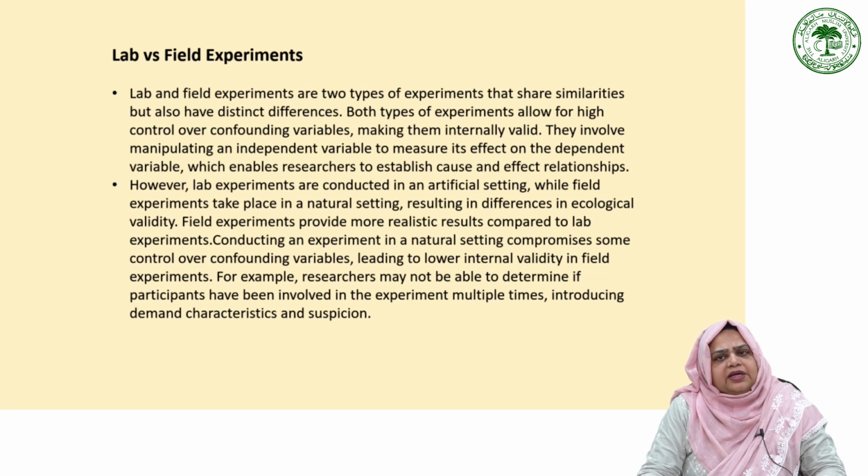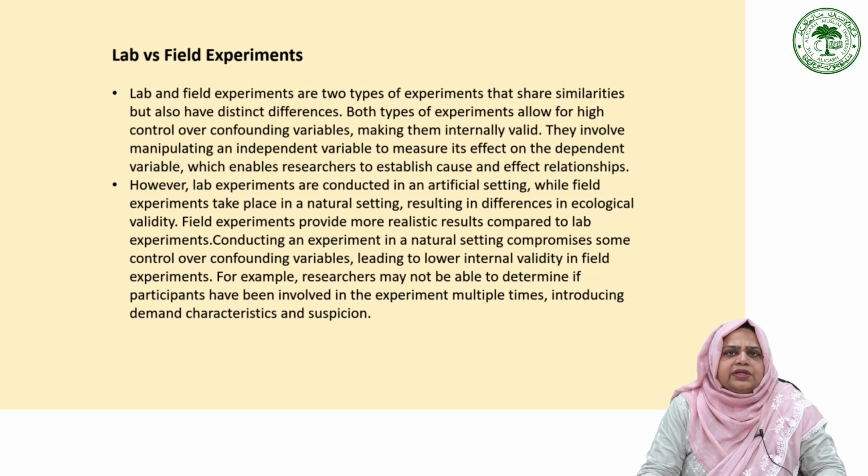Now, I will compare lab experiments with the field experiments. Lab experiments and field experiments are two types of experiments that researchers use to establish cause and effect relationships. Both types of experiments allow for high control over confounding variables, making them internally valid.